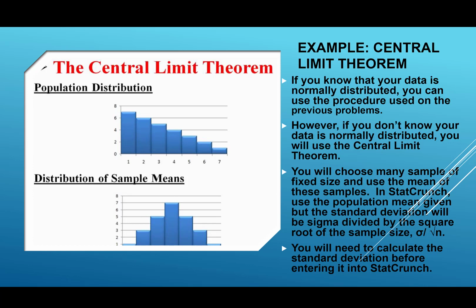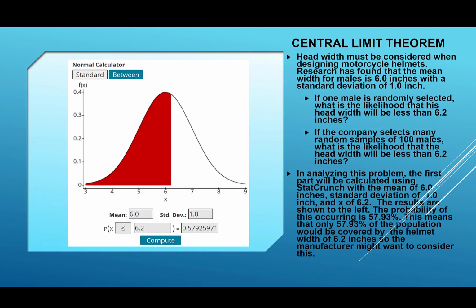In StatCrunch, we'll use the population mean that we're given, but the standard deviation will become sigma, which is the population standard deviation we're given, divided by the square root of the sample size. And you will need to do this calculation before you go into StatCrunch. Let's look at a problem represented by this.